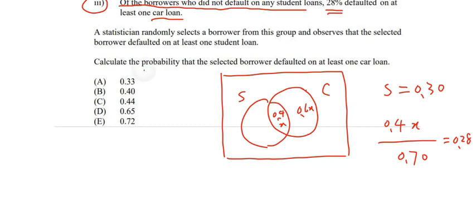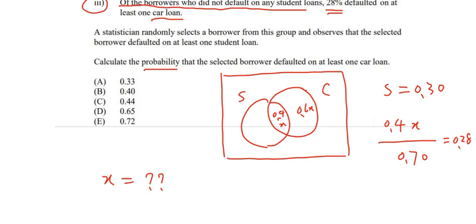What we want to find is the probability that the selected borrower defaults on at least one loan. So just find x. Oh, I made a mistake.